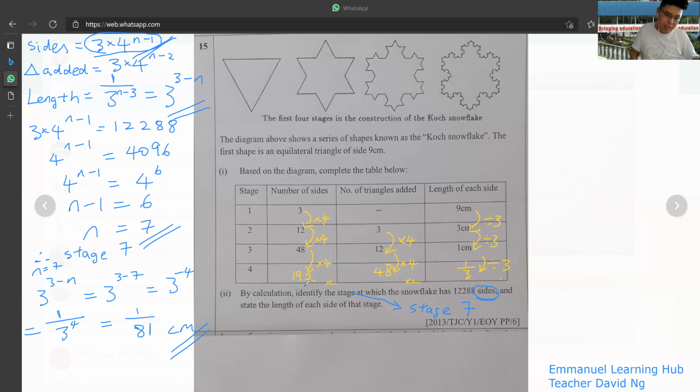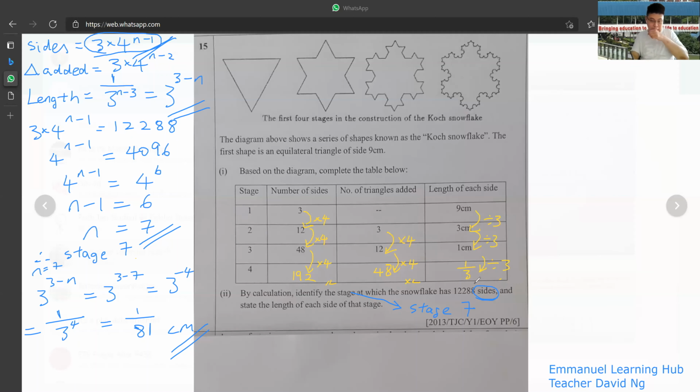So it's worth the effort to generate a few more data points to test-prove your formula before you use it. That's why you have to create a few more stages. Usually for this kind of question, if they give 3 stages, creating 2 more stages is good enough.